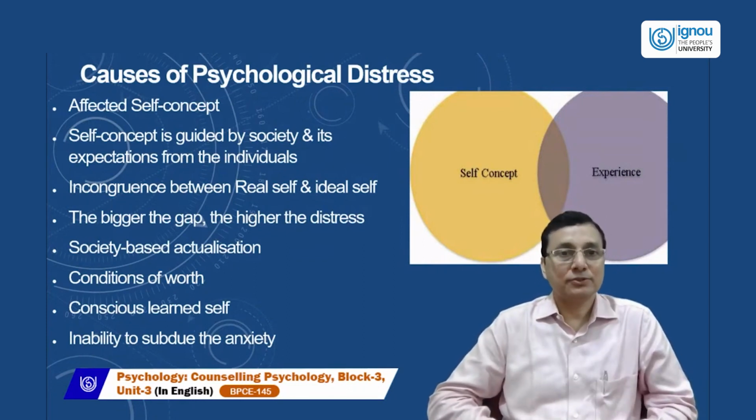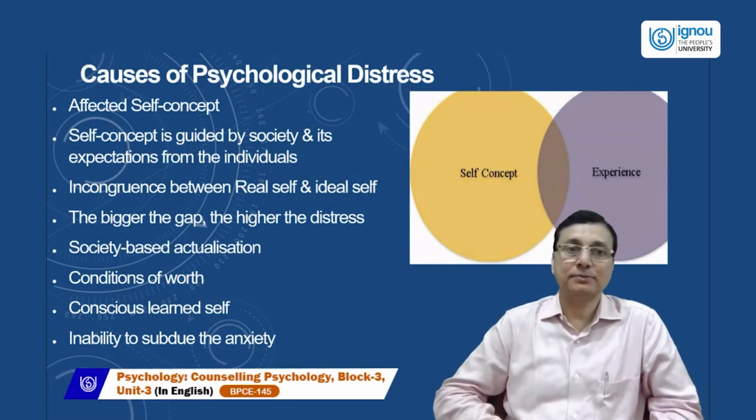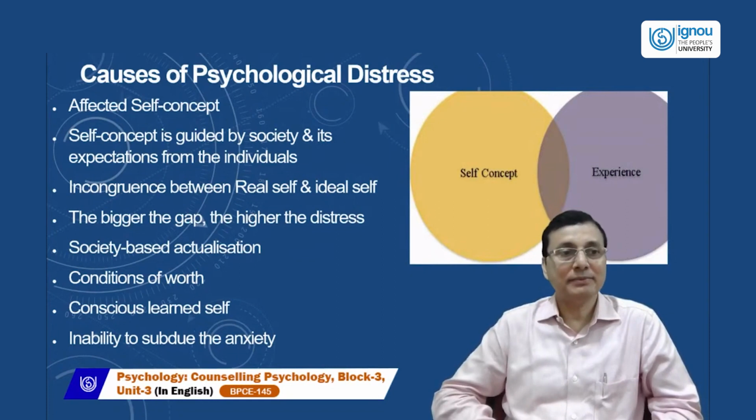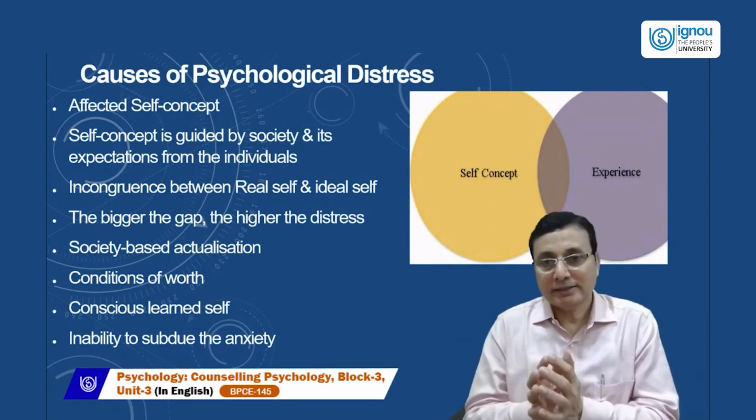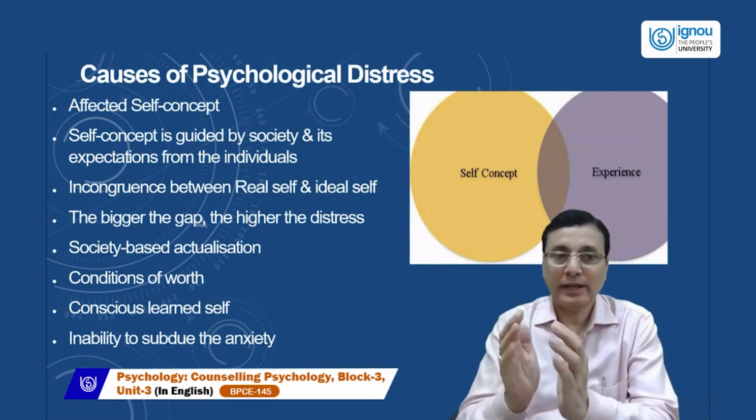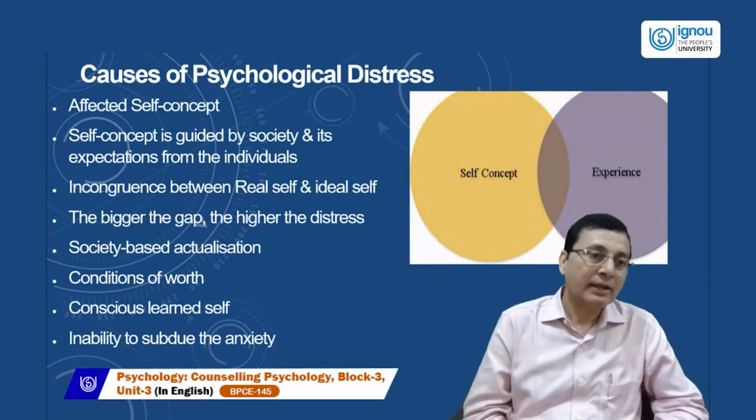Self-concept is guided by society and its expectations of individuals. There is incongruence between real self and ideal self. The bigger the gap, the higher the distress, the more the problem. If there is a small gap or no gap, then the person is well adjusted.